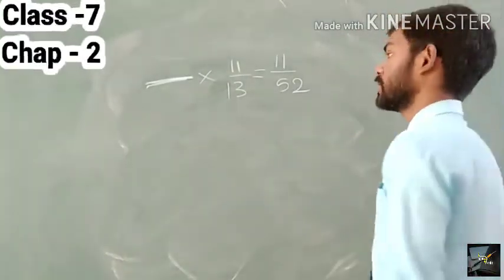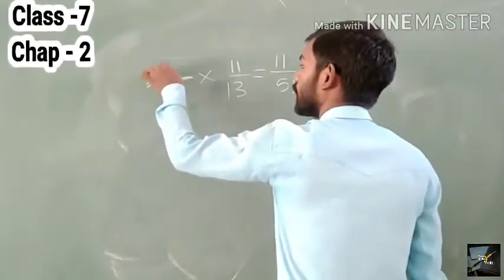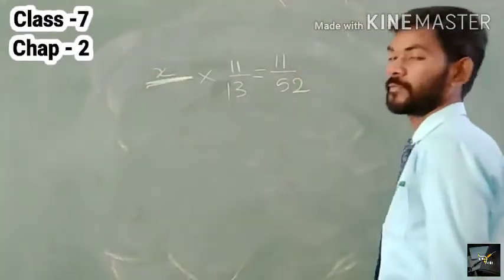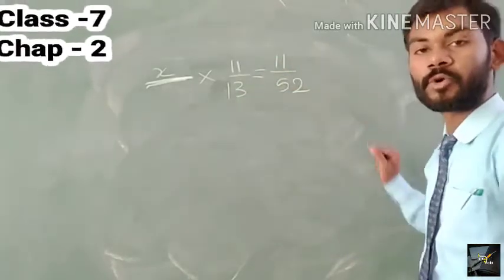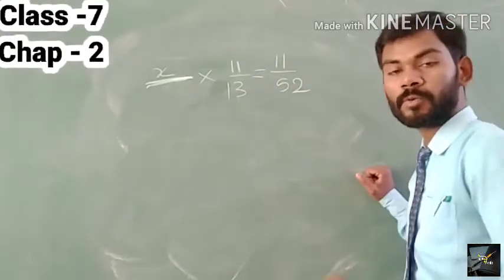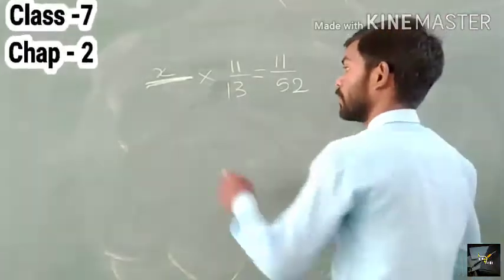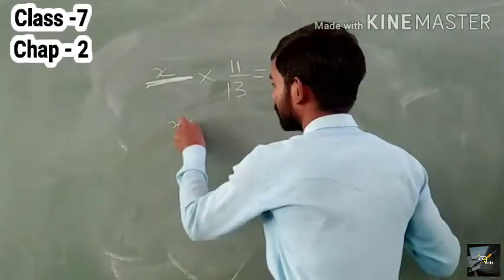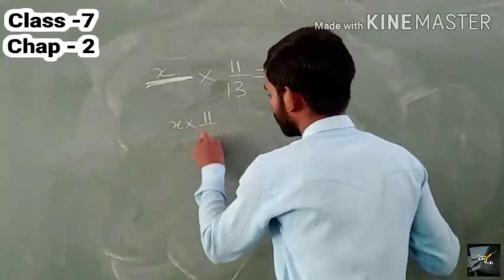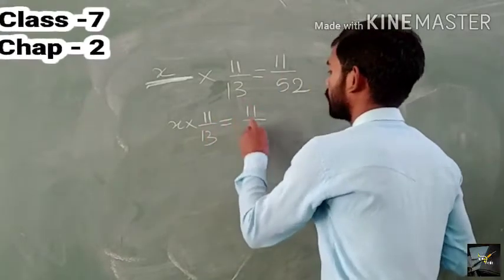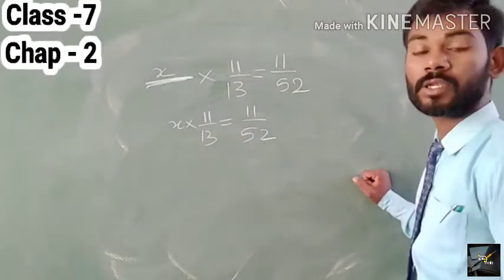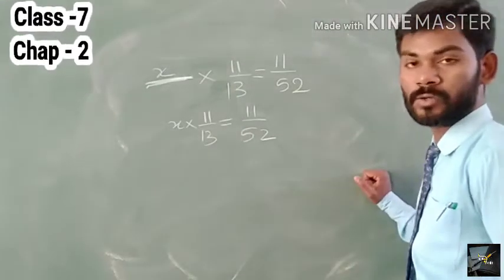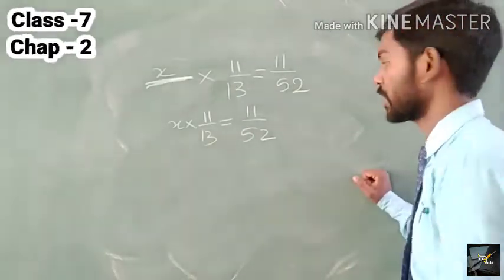So in this case, we suppose x multiplied with 11 upon 13 gives the product 11 upon 52. Now here we can see that x multiplied by 11 upon 13 is equal to 11 upon 52, which looks like a linear equation in one variable, and we know how to solve them by the transposition method.